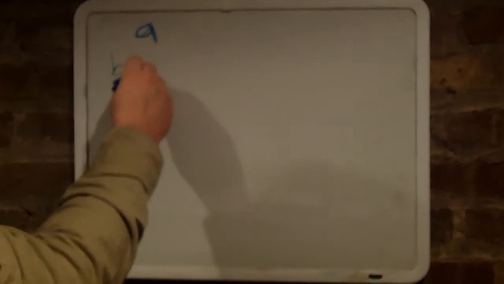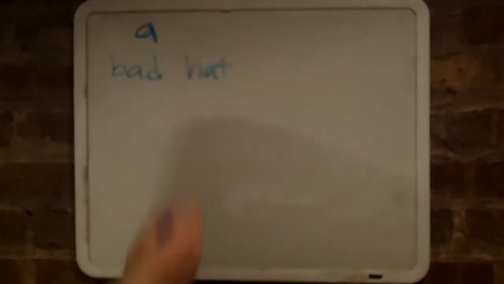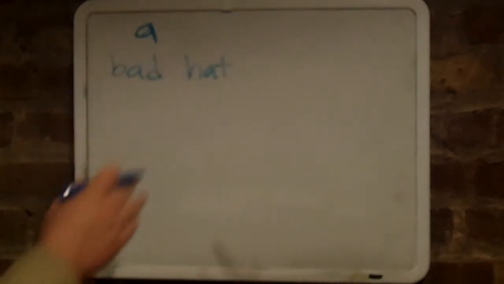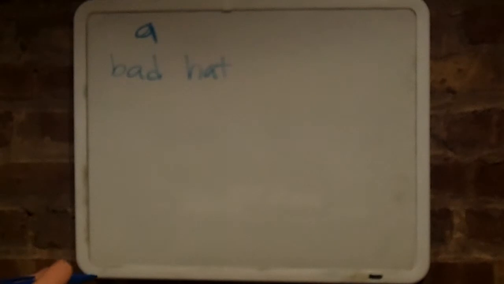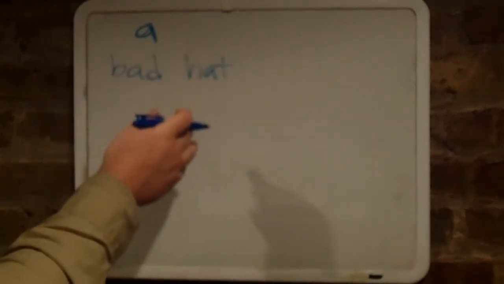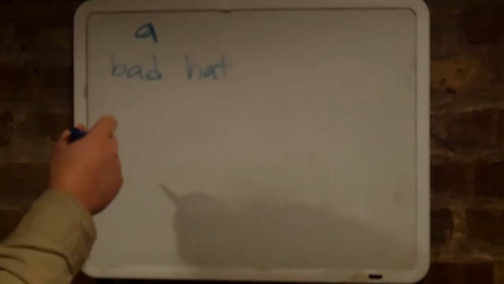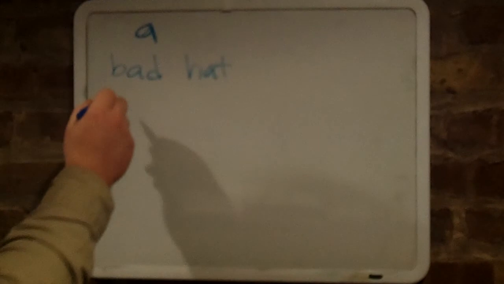Okay, so in most short words in English, this makes the A sound. So we have words like bad and hat. And this accounts for most of the 2, 3, and 4 letter words in English with the letter A. If it just has one A, it probably makes the A sound. And there are a couple exceptions to this rule.